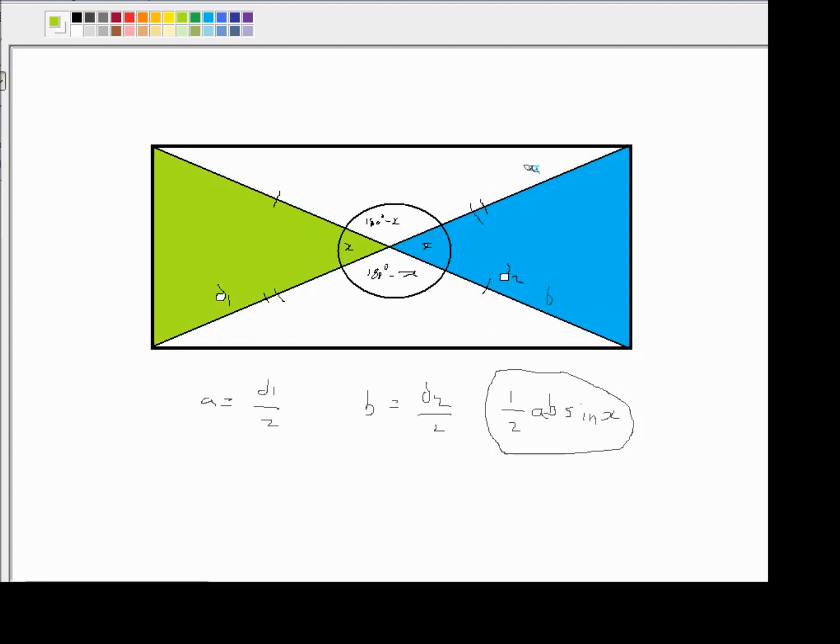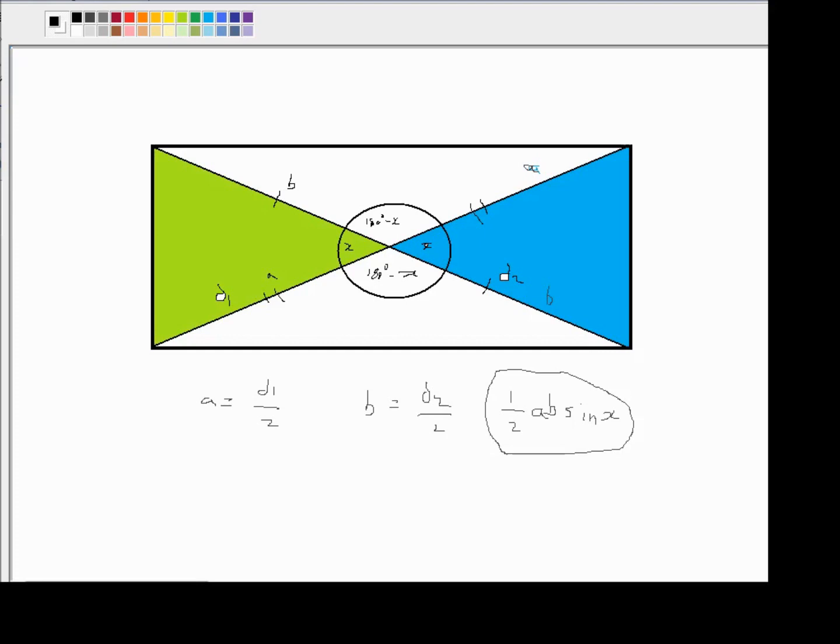So we can say that this is also length A, and this is also length B, because they both form the half of the diagonal. And this angle is the same, so we've got two congruent triangles.